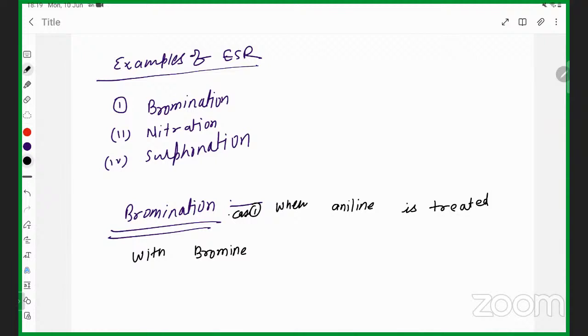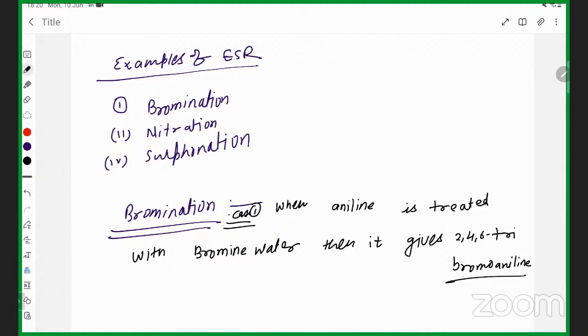When aniline is treated with bromine water, then it gives 2,4,6-tribromoaniline. So initially it always gives the tribromoaniline.